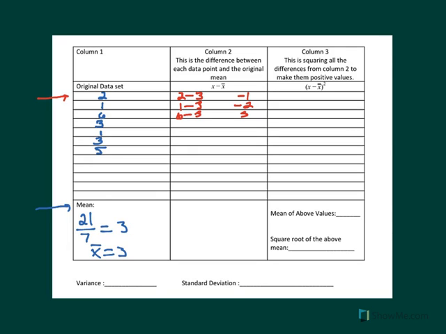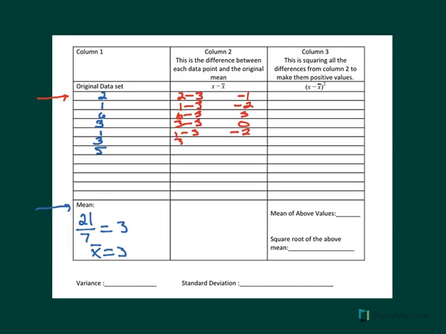The next one, the data point was 3, minus the mean, which was 3. So that one was right at the mean, so that one does not deviate very much. It had a difference of 0. It did not change anywhere from the mean. The next one is a 1 minus 3, which is -2.